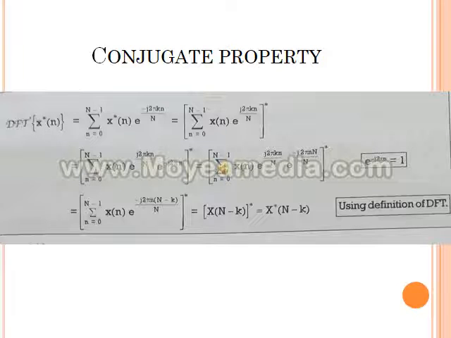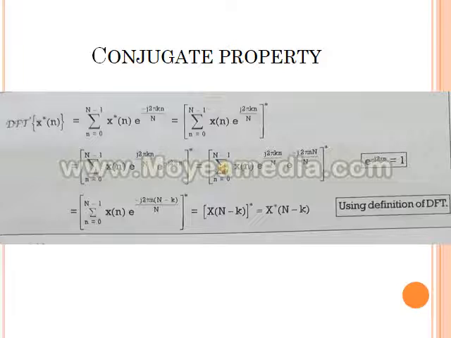So we can multiply this with the expression because it is not going to affect the result. So this is equal to summation n equal to 0 to N minus 1, x[n] e raised to the power j 2 pi kn by N, e raised to the power minus j 2 pi n N by N, because this will again cancel, so we can multiply with N and divide by capital N. This is not going to change the expression.